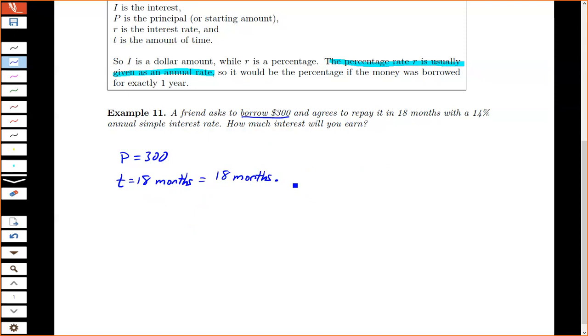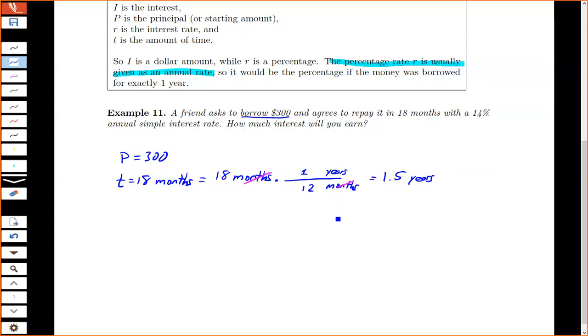I want to multiply by a fancy form of 1, and for my units, I want to end up with years and get rid of months. 1 year and 12 months are the same, so this will cancel out my months, and then I have 18 divided by 12. You can leave it as a fraction or write it as a decimal. But we're going to be plugging numbers into our calculator, so decimals are probably convenient anyway, especially if they come out nice. If that was like 1/3 years, maybe I would leave it as 1/3 so I didn't have to deal with the repeating decimal.